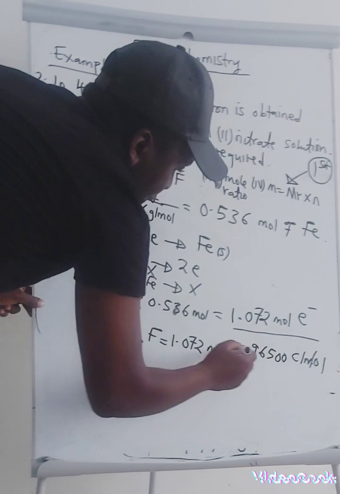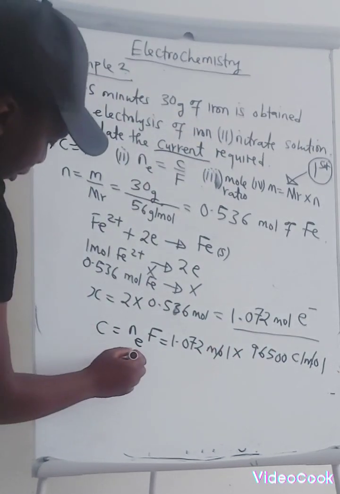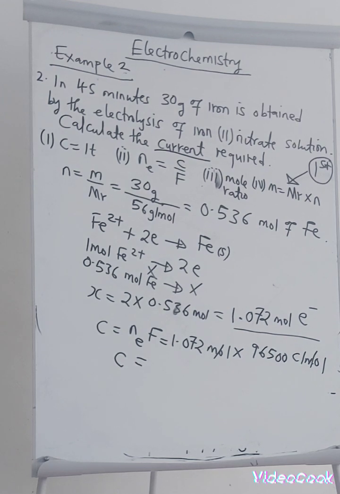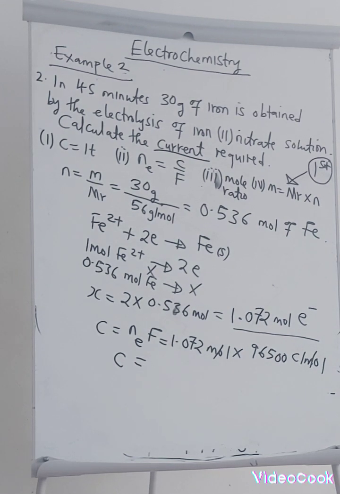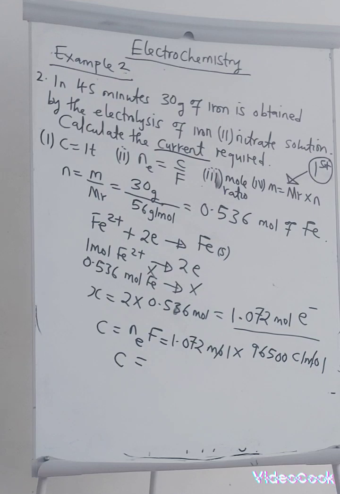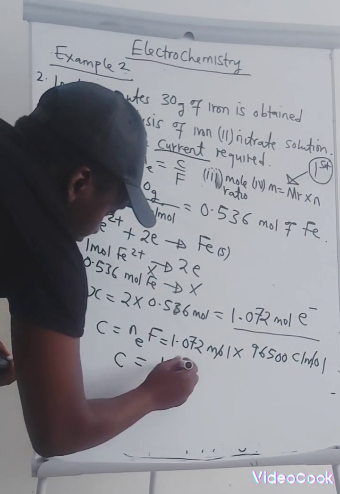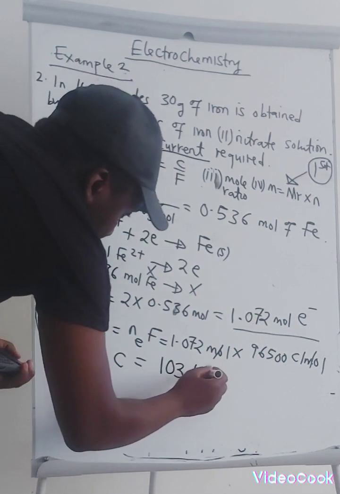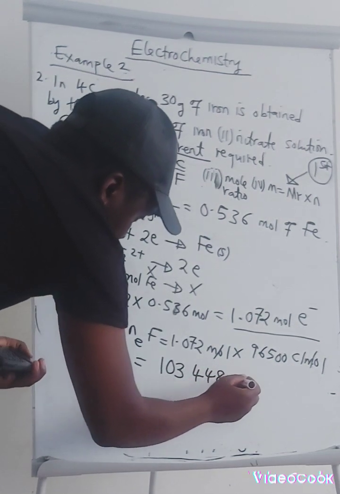The moles cancel and we remain with coulombs. 1.072 times 96,500 is equal to 103,448 coulombs.